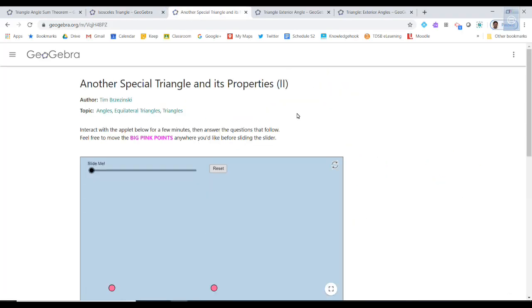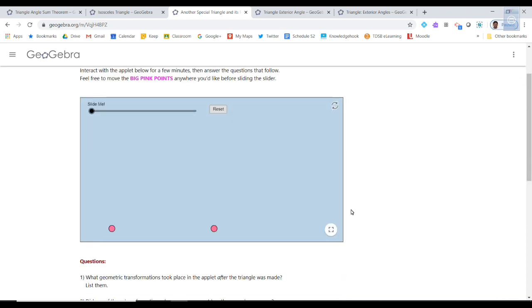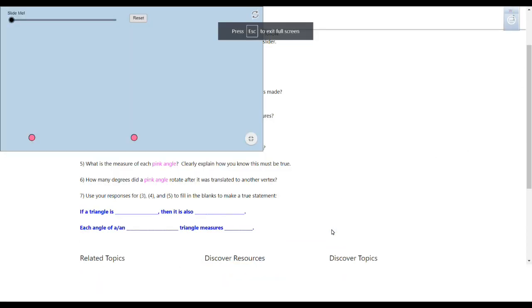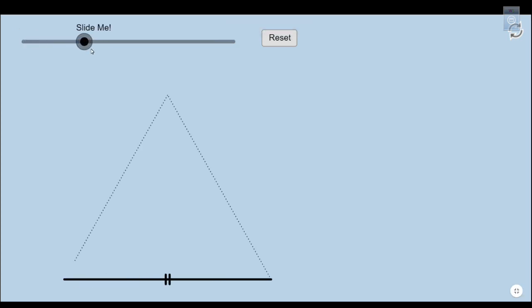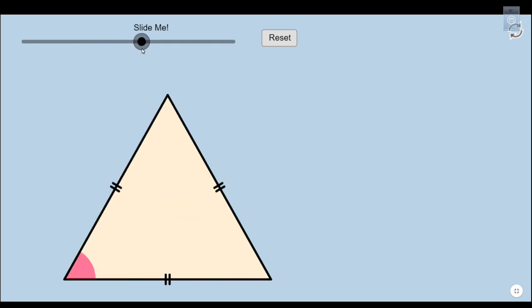That's an important fact. We're going to look at an equilateral triangle, which is a triangle where all 3 sides are the same. Let's take a look at what happens with those angles. This is going to go through the creation of an equilateral triangle. Now you see there's a pink angle on the left-hand side.